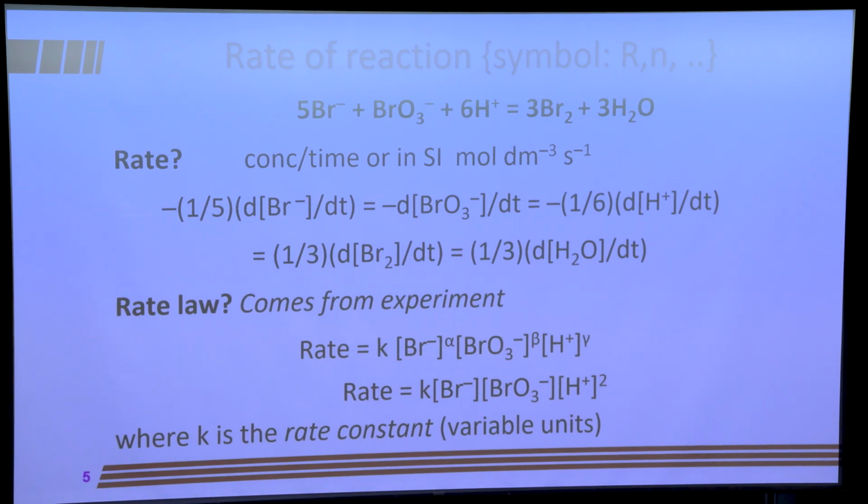We can, and I'll just clarify that right now, but I'll be coming to it again and again. If the reaction is elementary, if it occurs as written, then you can take the stoichiometric coefficient, right? But it's wise not to assume that it's elementary unless you're told, right? And then you cannot assume the stoichiometric coefficients, okay?